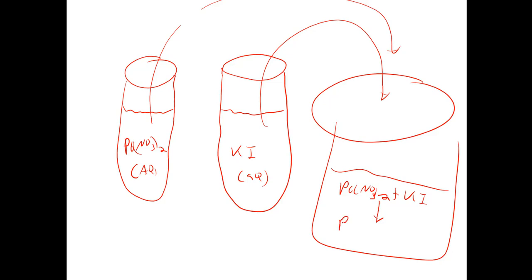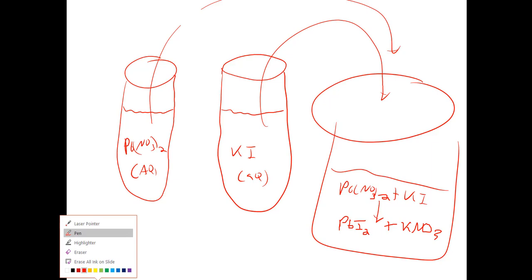And learning the rules that we just taught you, we're going to have a double replacement product of lead iodide, and we're going to have potassium nitrate. And again, all of this occurs inside water, so it's all in solution.